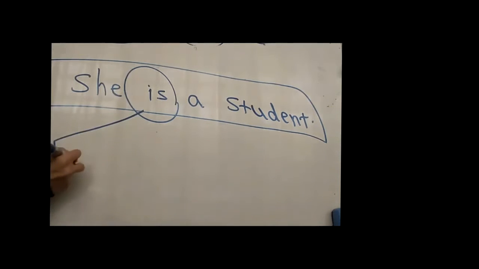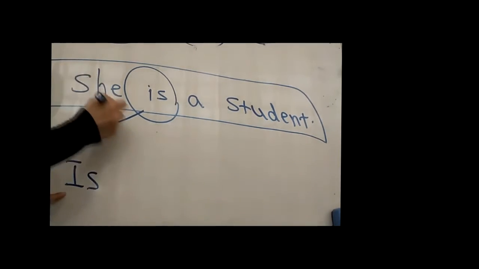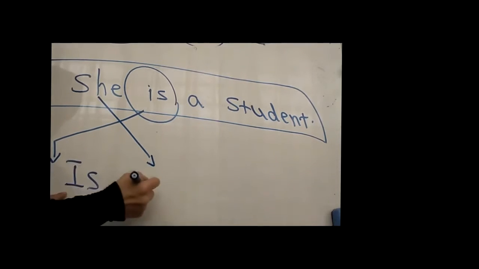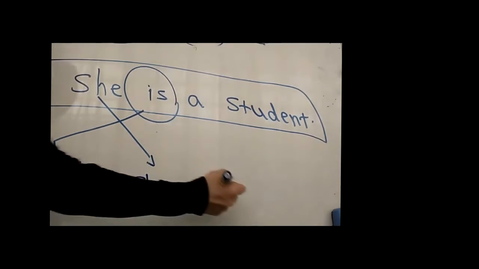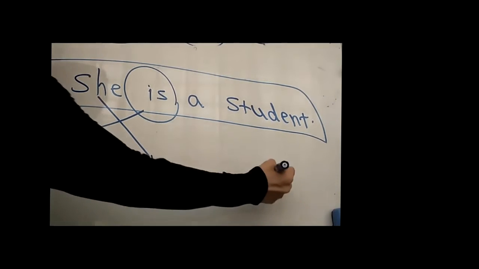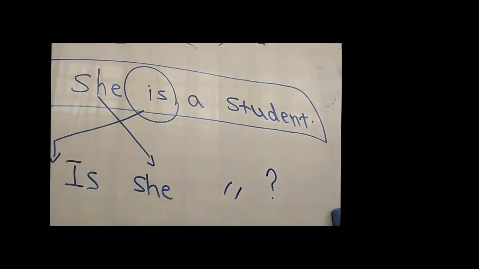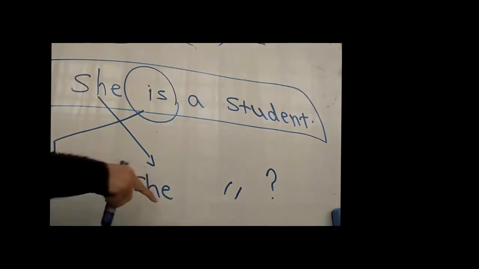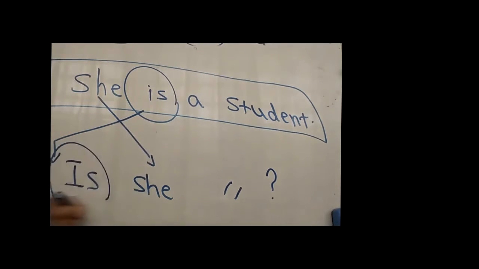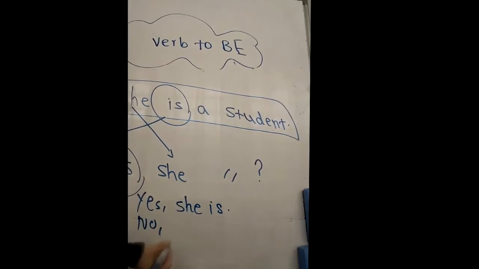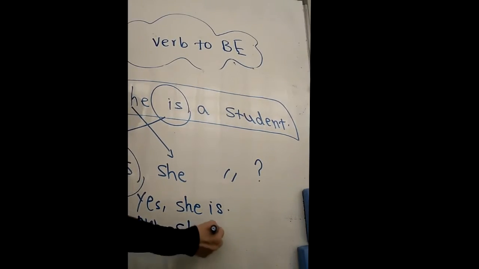So it will be is, okay, she, and then followed with a student with a question mark. So, is she a student? If you start the question with is, you are expecting only yes, she is, or no, she is not.